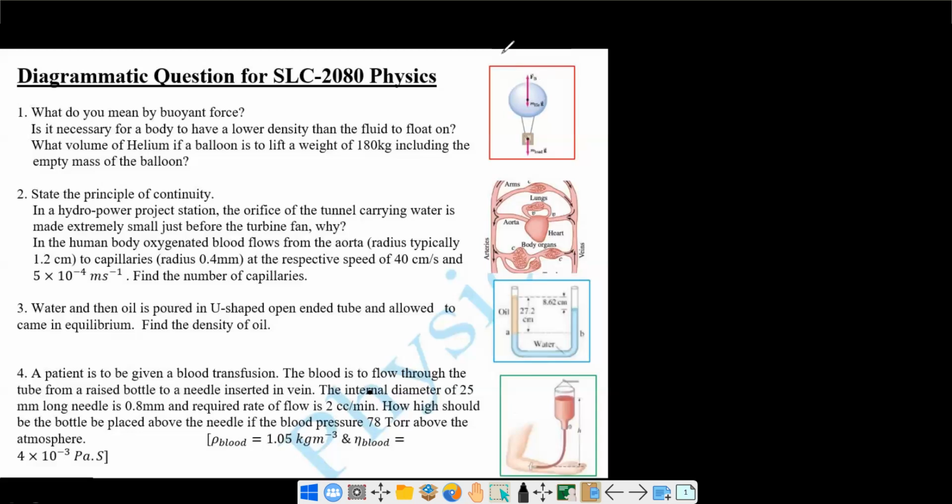This buoyant force in the upward direction and the weight force in the downward direction should cancel each other, or should be equal to each other. If this situation is achieved, then the object will be floating. So let me write, this is the buoyant force, and this buoyant force should be equalized by the weight.